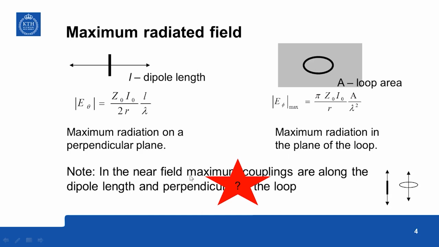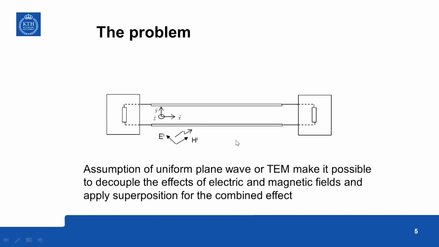However, in the near field, maximum couplings are along the dipole length and perpendicular to the loop. So the problem that we have is somewhat different from the previous one.